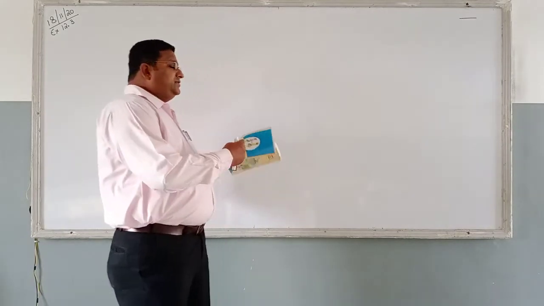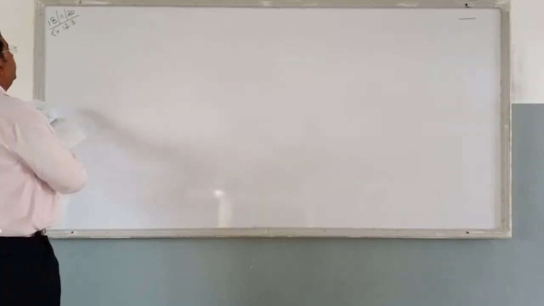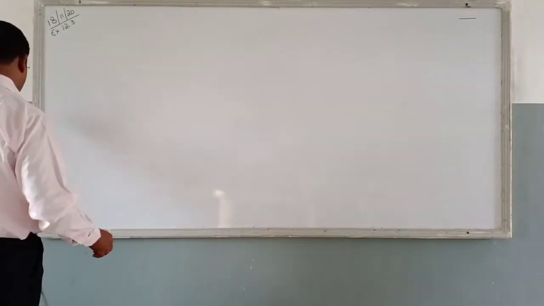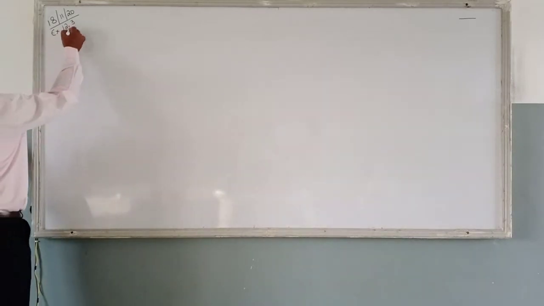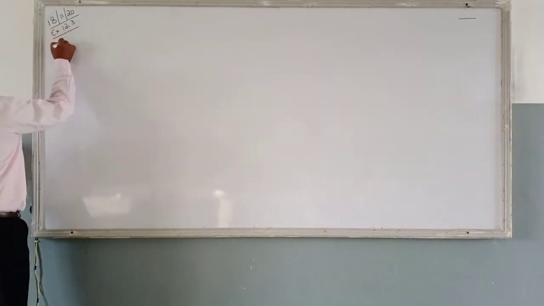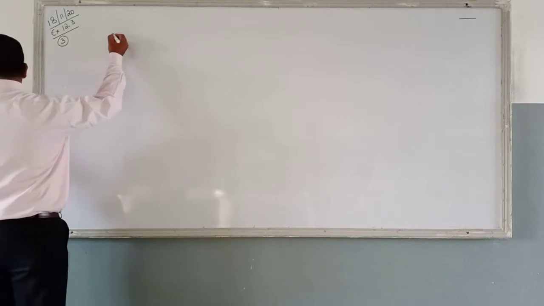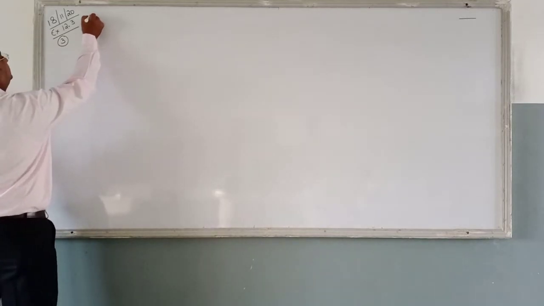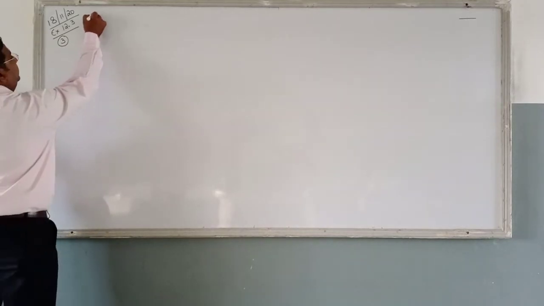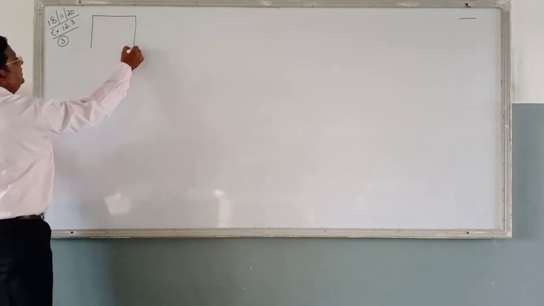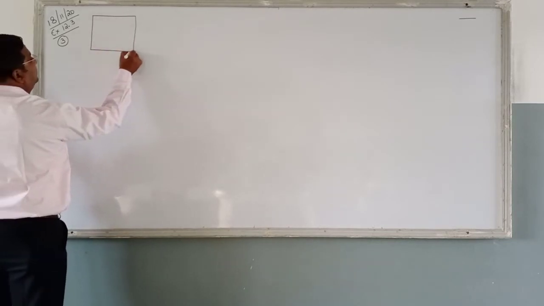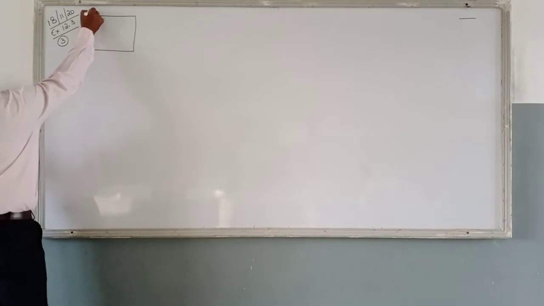For example, page number 235, exercise 12.3, question number 3. It says, in the given figure, find the area of the shaded region. This is the figure. There is a square ABCD, right?